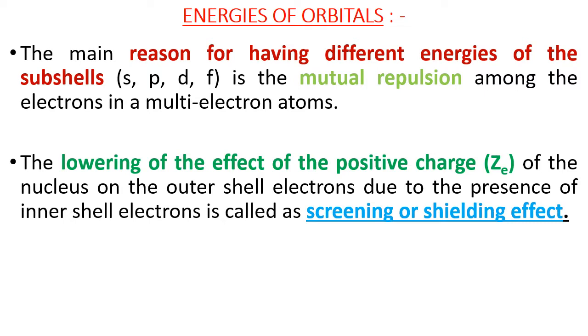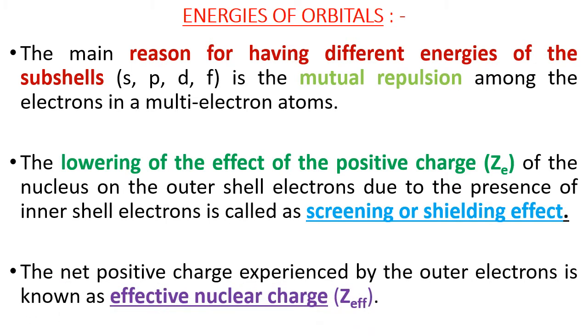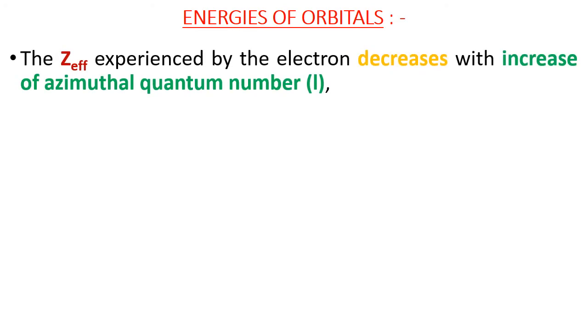The lowering of the effect of the positive charge of the nucleus on the outer shell electrons due to the presence of inner shell electrons is called screening or shielding effect. The net positive charge experienced by the outer electrons is known as effective nuclear charge. The effective nuclear charge experienced by the electron decreases with increase of azimuthal quantum number, that is l.